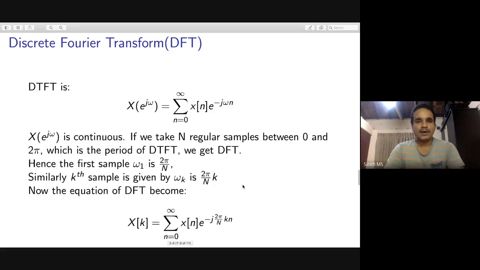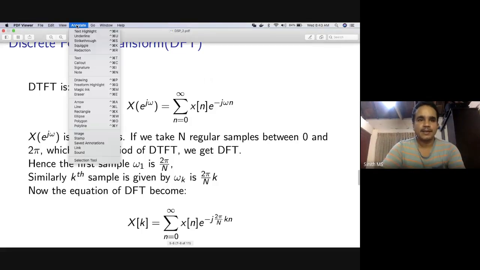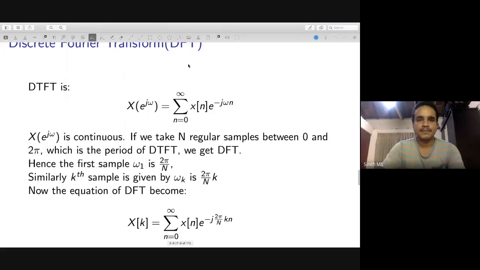As shown here, X(e^{jω}) is the sum of x[n] e^{-jωn}, which is the discrete time Fourier transform, and X(e^{jω}) is continuous.